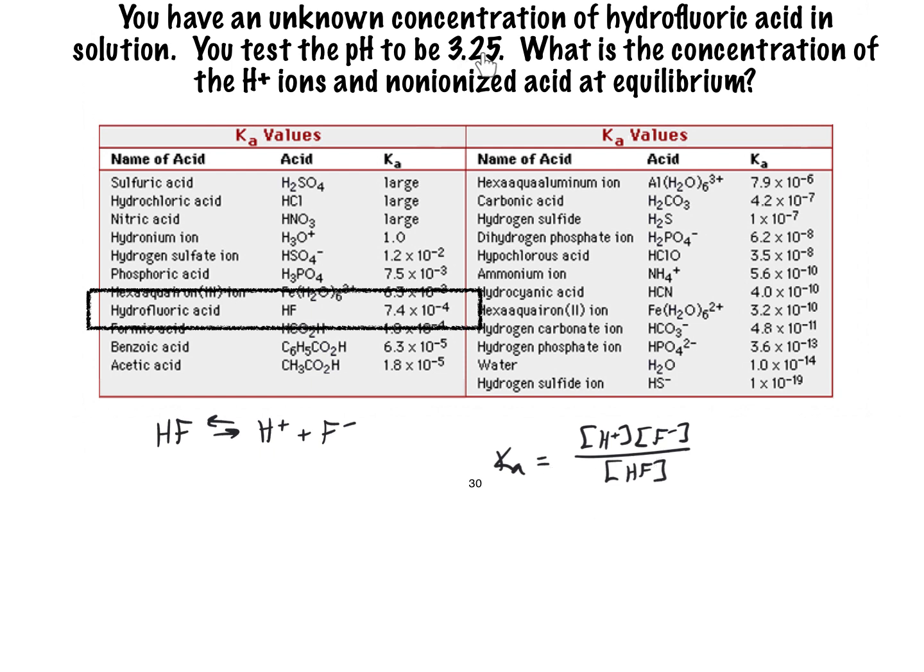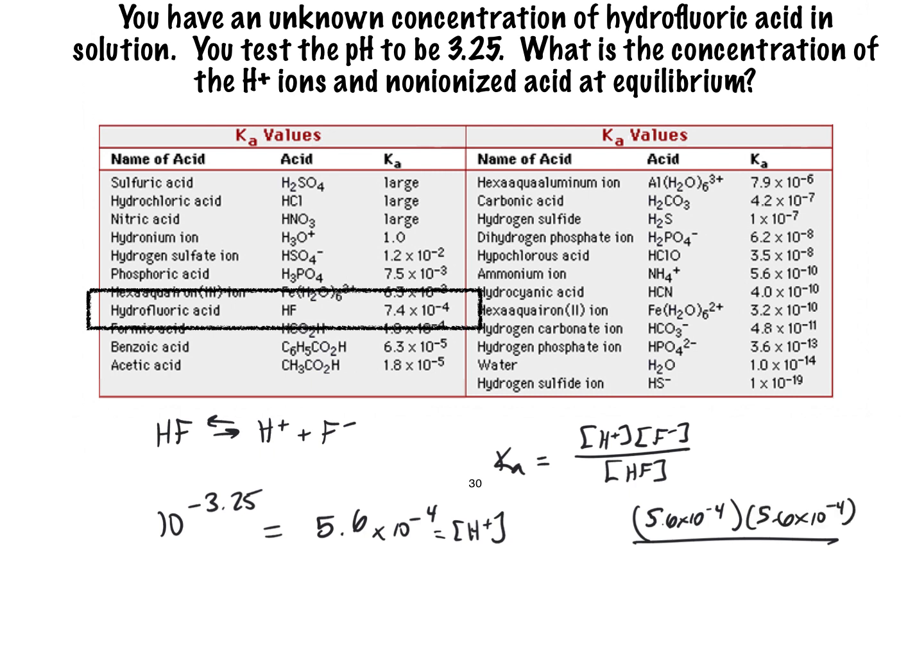Now with the pH, we can take 10 to the negative 3.25 power and figure out the concentration of H+ in the solution. And that H+ will go right here on the top. And that's also the same number that will be for the F- because, as we talked about on the last slide, since they're in a 1-to-1 mole ratio, if you know the concentration of the H+, you also know the concentration of the F-. Now we've got the Ka value, so we'll plug that in for Ka.